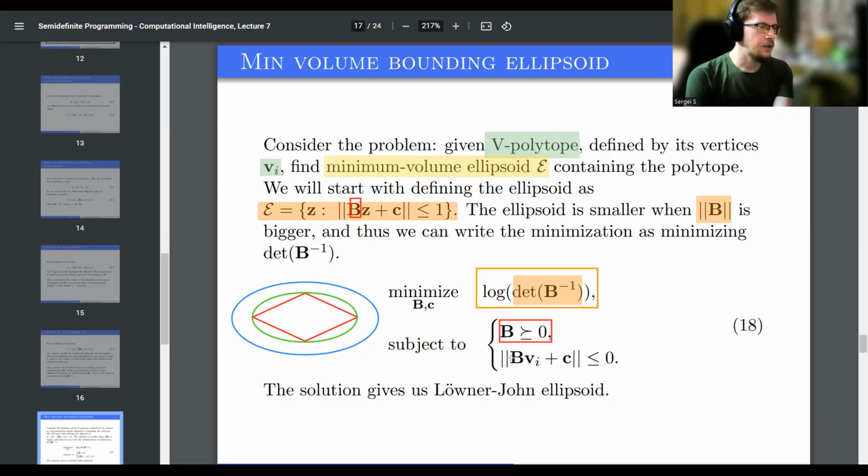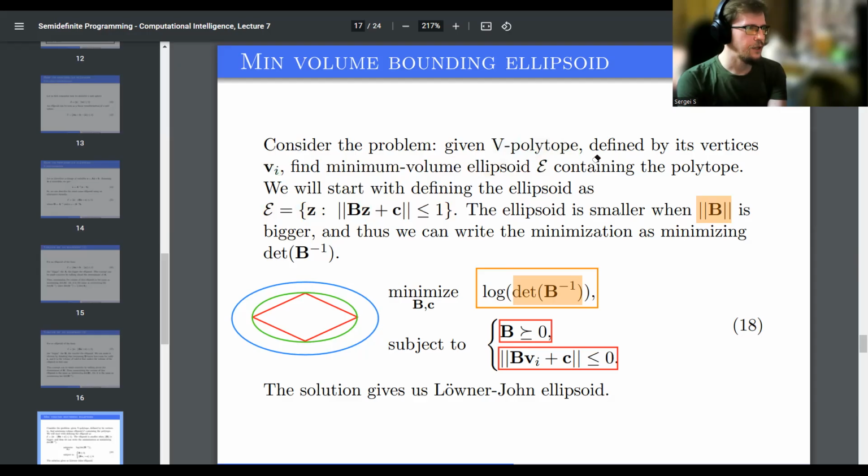Now we can write a condition that this polytope is inside this ellipsoid, and the condition would look like this. Where did this condition come from? Well, we know the condition for the point Z to be inside the ellipsoid: the norm of BZ plus C is less than or equal to 1.